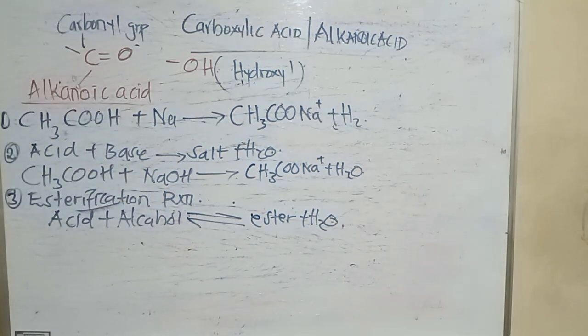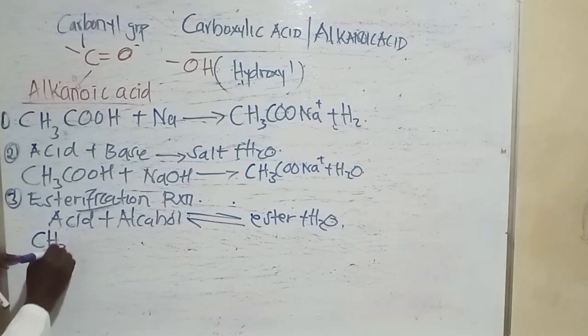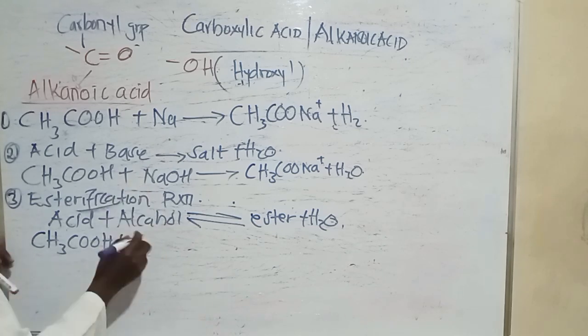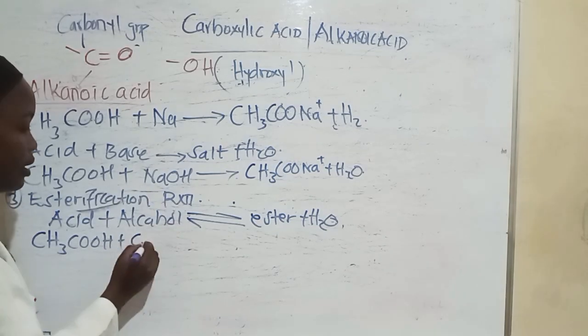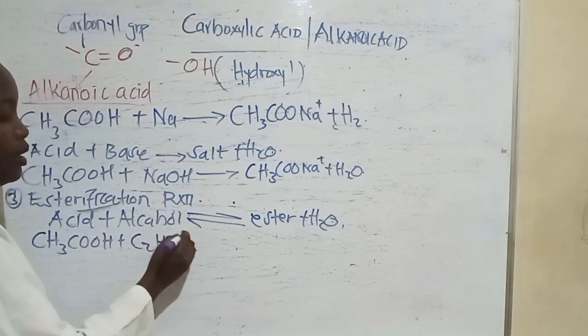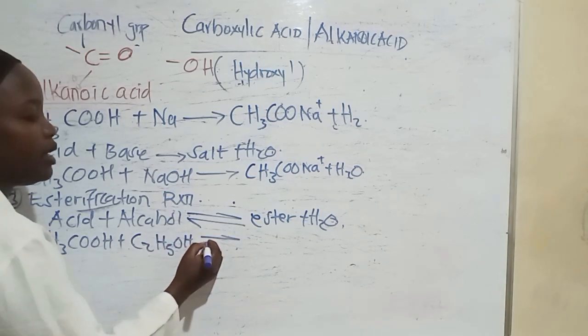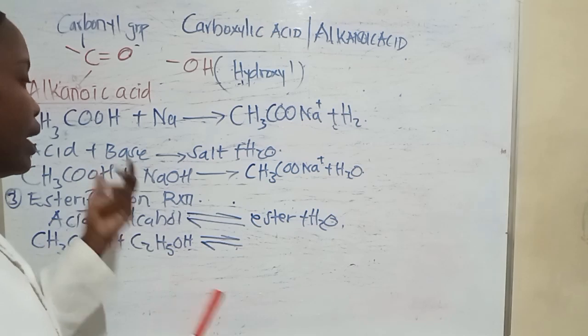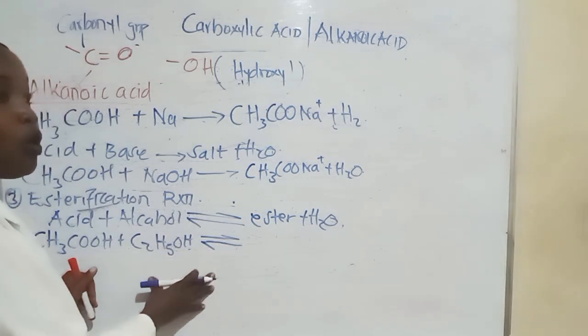So in this case, we are going to talk about our acid, the ethanoic acid, and an alcohol, that is ethanol in this case. By now you know how to write the formulas of our alkanols and our alkanoic acids because we have talked about them in the videos below. So what are we going to form?